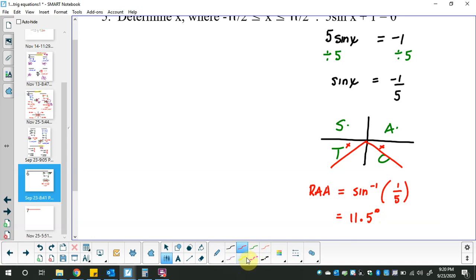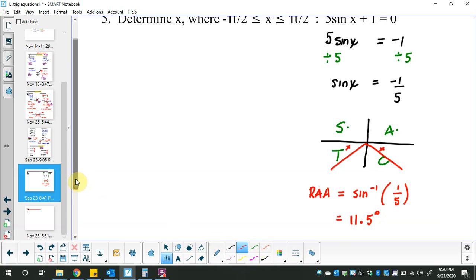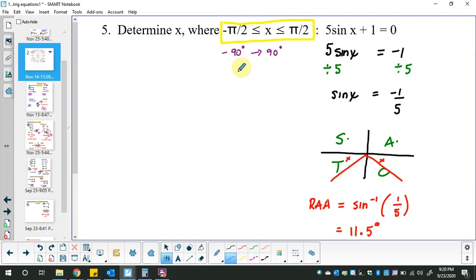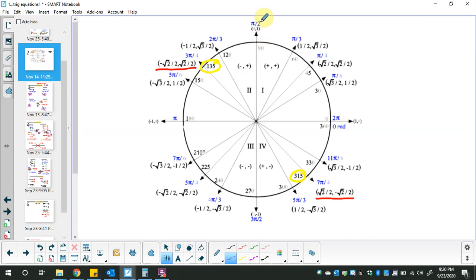Okay, so now the problem. You've got all your information, and you have to look at what I want. And what I want are only numbers from negative 90 degrees up to positive 90 degrees, because pi over 2 is 90 degrees, and we can check our unit circle to prove it to you.